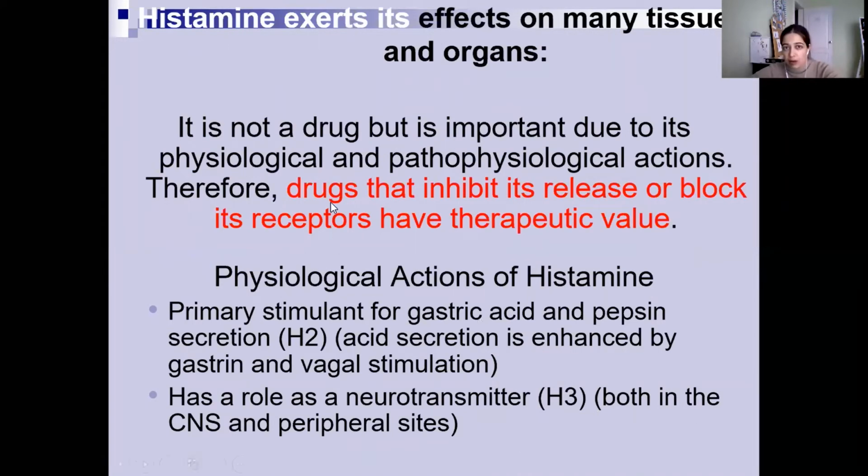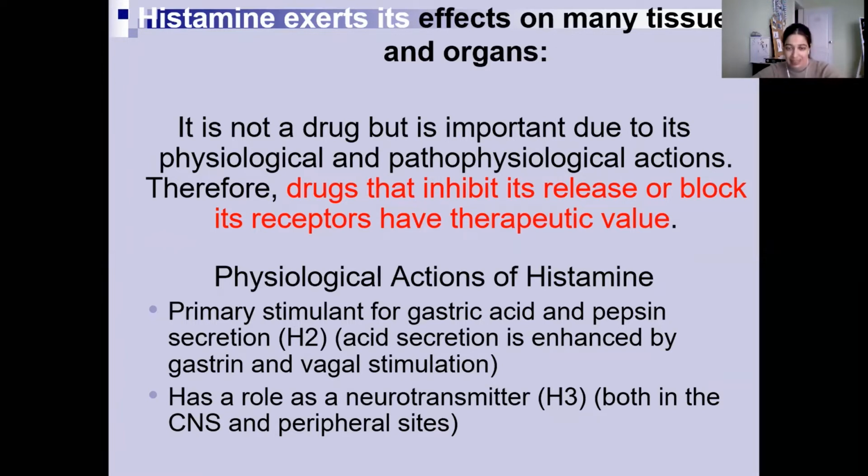Histamine exerts its effects on many tissues and organs. It is not a drug, but is an important molecule due to its physiological and pathophysiological actions. Therefore, drugs that inhibit its release or block its receptors have a very important therapeutic value. Physiological actions of histamine.